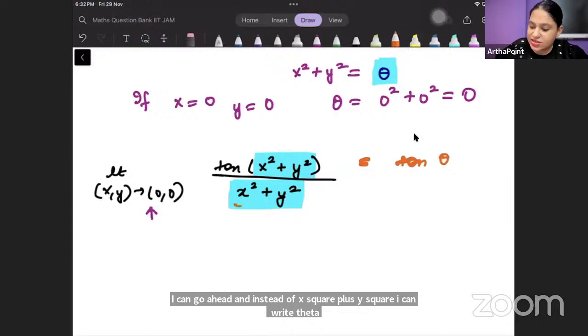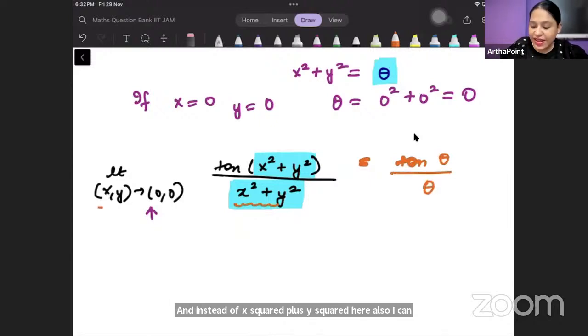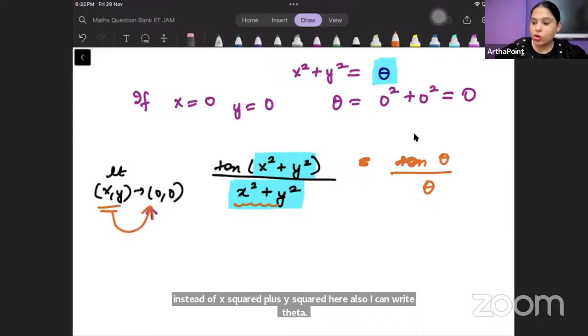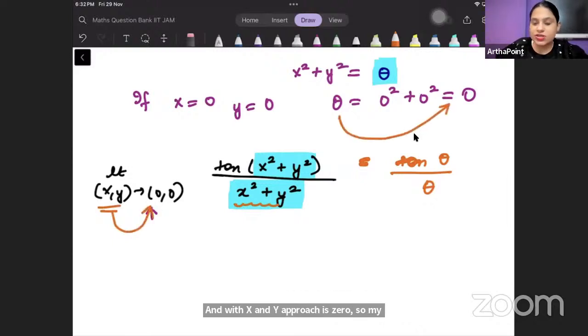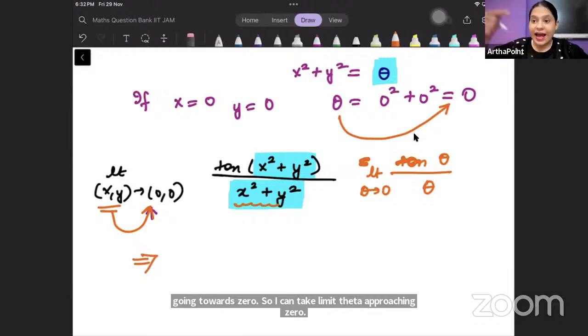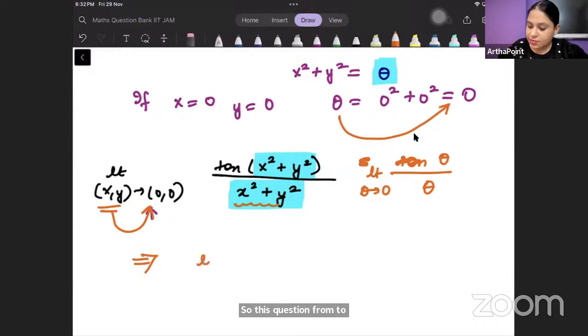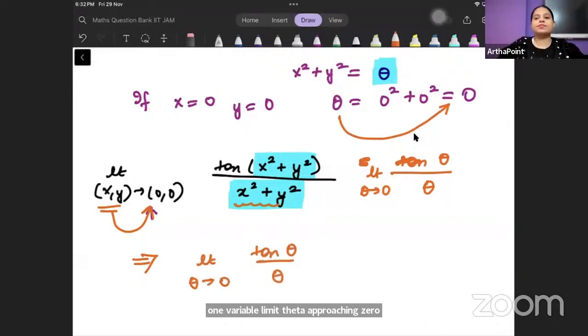And instead of x square plus y square, here also I can write theta. And when x and y approach 0, my theta is also going towards 0. So I can take limit theta approaching 0. So this question from 2 variables has been converted to 1 variable, limit theta approaching 0, tan theta by theta. Tell me if there is a doubt. I can go ahead and solve that now.